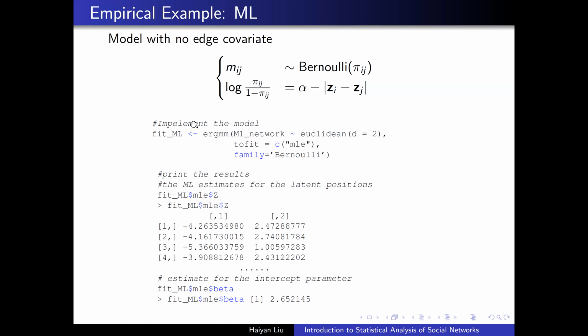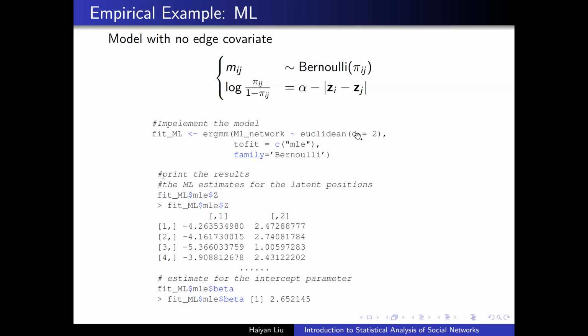So we first obtain the estimate using maximum likelihood. We could implement the model in R using the function ERGMM. The left side of the tilde sign is the network object. So here we can input the college friendship network. And on the right side, we can tell what's the dimension of the Euclidean space we use.